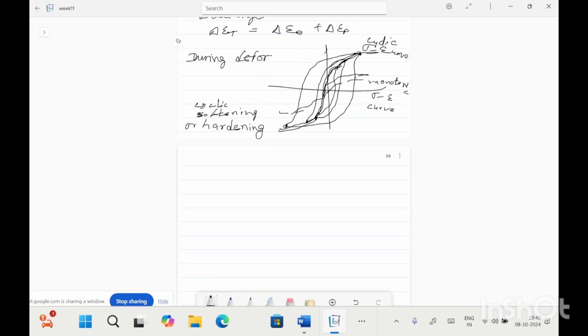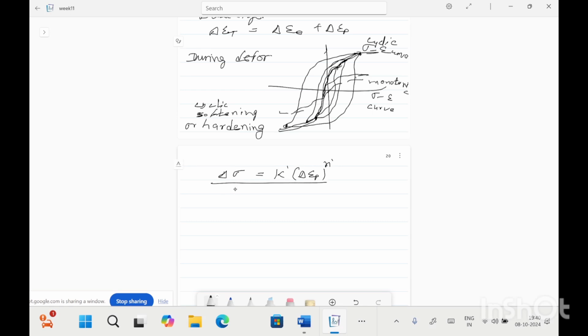So the change in stress for the low cycle fatigue condition can be written as K prime times the plastic strain raised to n prime.